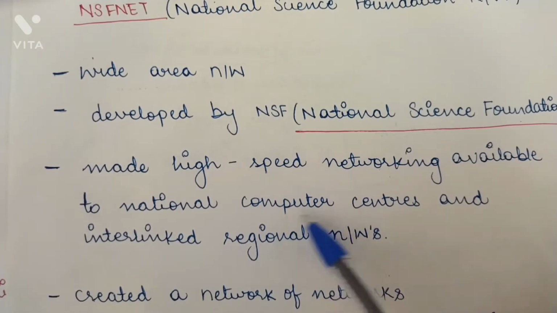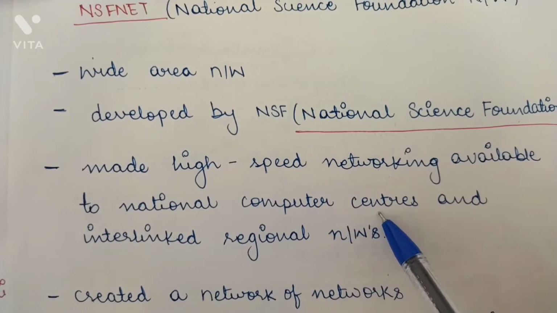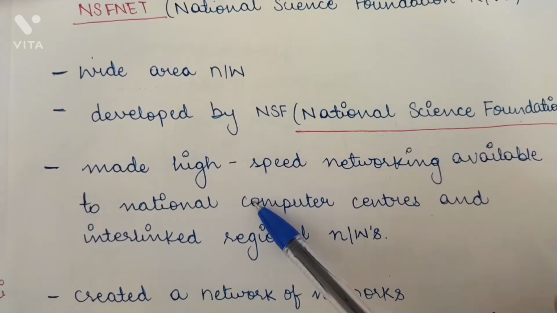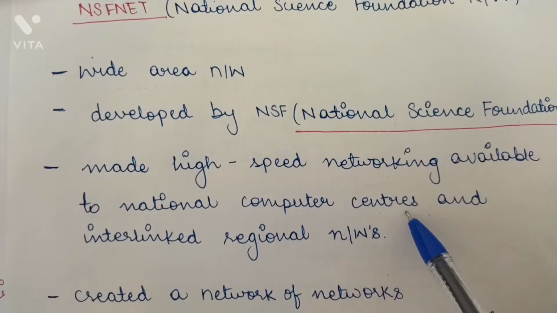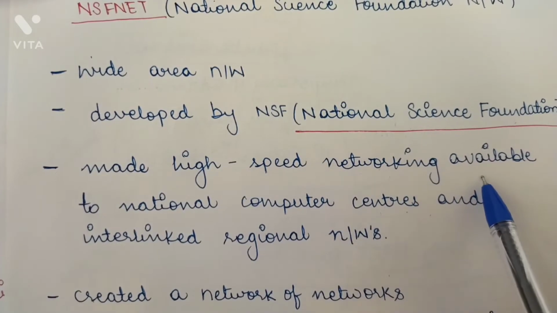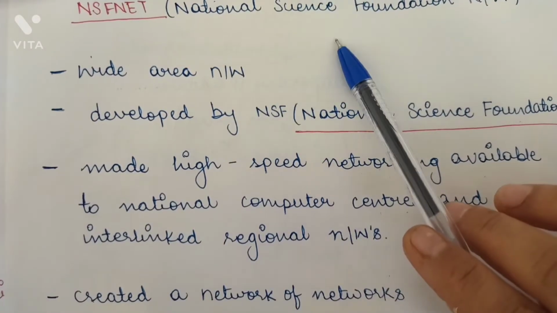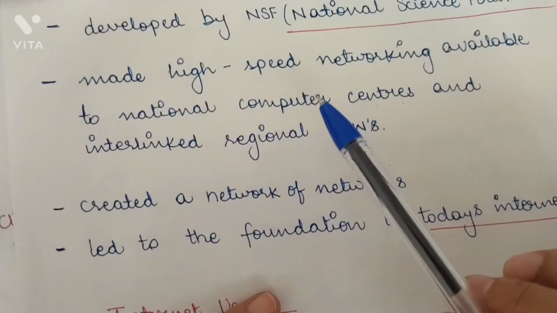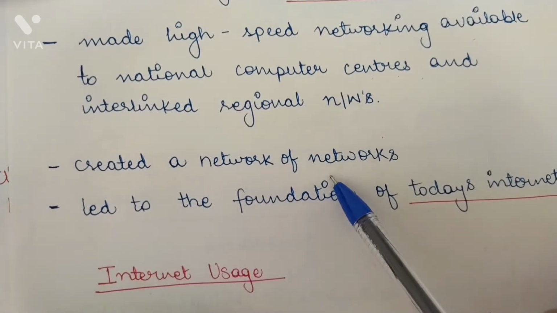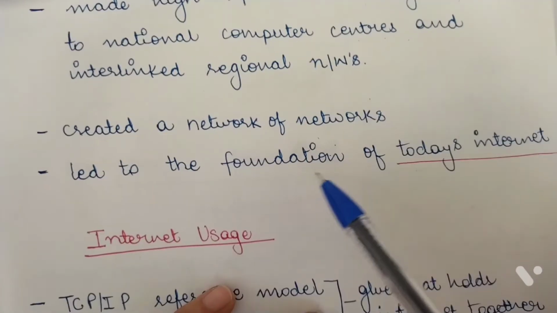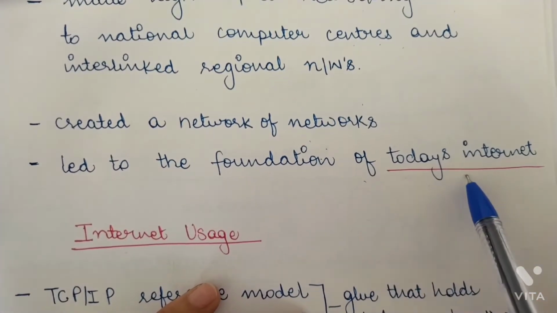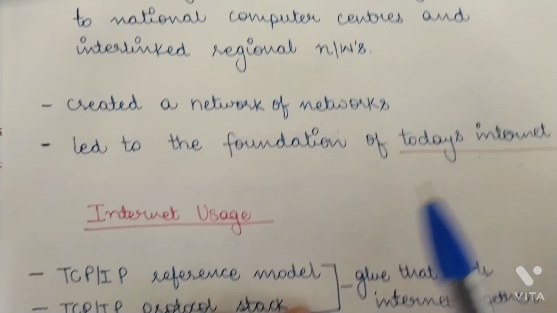So whatever national computer centers were there at that time in the US, and the regional networks that were interlinked to them, to these the high speed networking was made available with the help of NSFNET. And then it further created a network of networks, many networks interlinked or interconnected with each other, and this is what led to the foundation of today's internet.